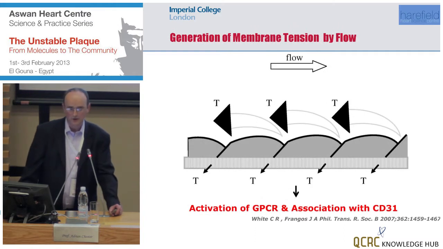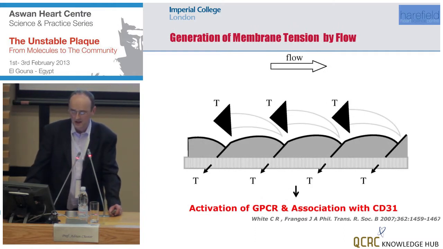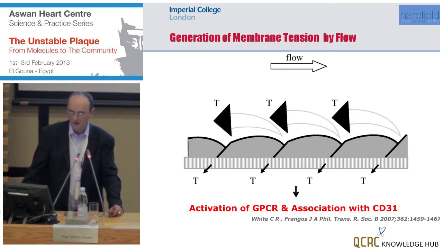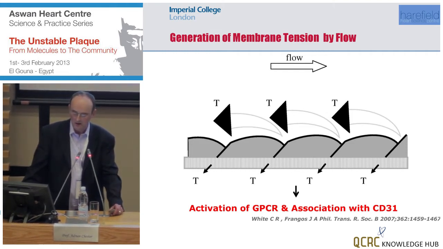In generating flow, there's also a change in the tension experienced by the endothelial cells. So as flow goes in one direction, the cells will generate tension in the opposite direction as they resist the flow.